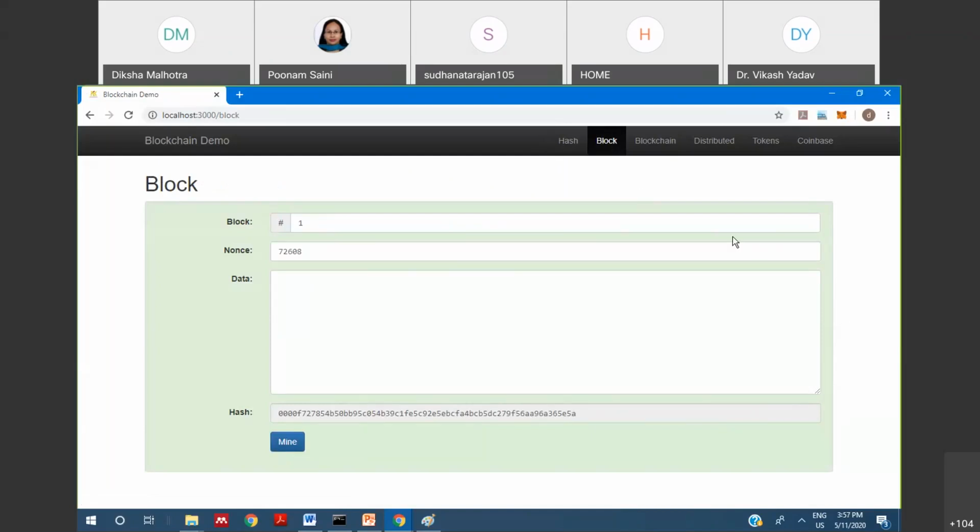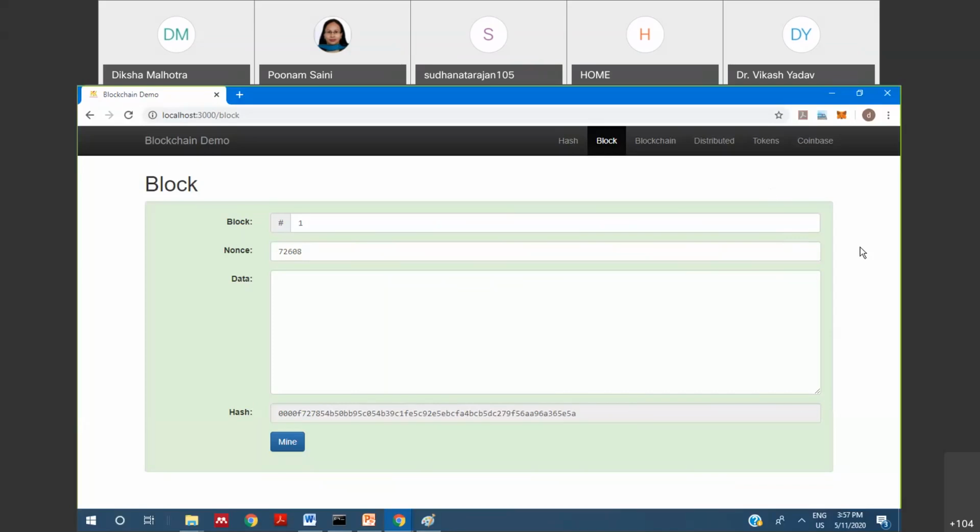People are asking which visualization tool you are using for this. This is basically a demo created by us using our own code. This is a front end created by us only in order to show the visualization. All participants, we created this demo session using some code.